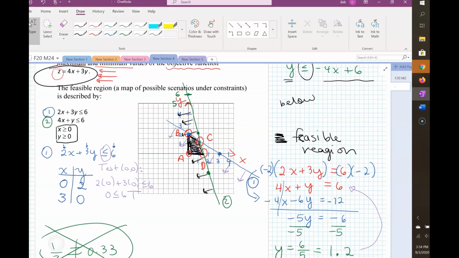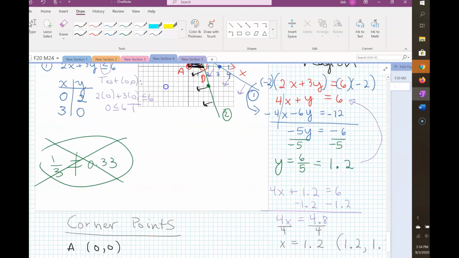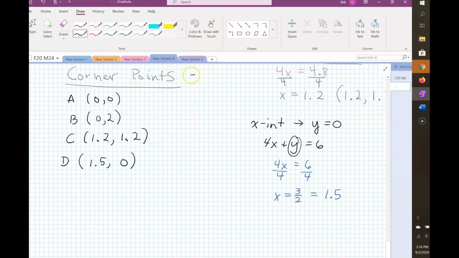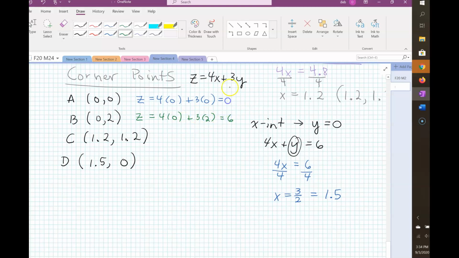So now we're going to look at our objective function. Z equals 4x plus 3y. And we are going to evaluate our objective function at each of these points. So for point A, z equals 4 times 0 plus 3 times 0. So that's going to give me 0. Then for point B, z is going to be 4 times 0 plus 3 times 2, or 6.